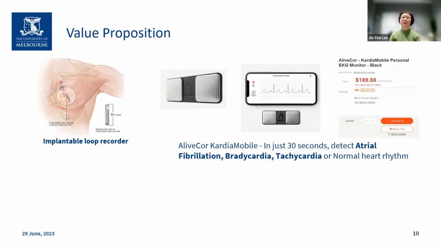Now, this is an invasive procedure to put an implant like this into a person. It costs $3,000, but for certain conditions and scenarios, this device, which is no bigger than the size of your palm, linked to a smartphone app, costs $200.